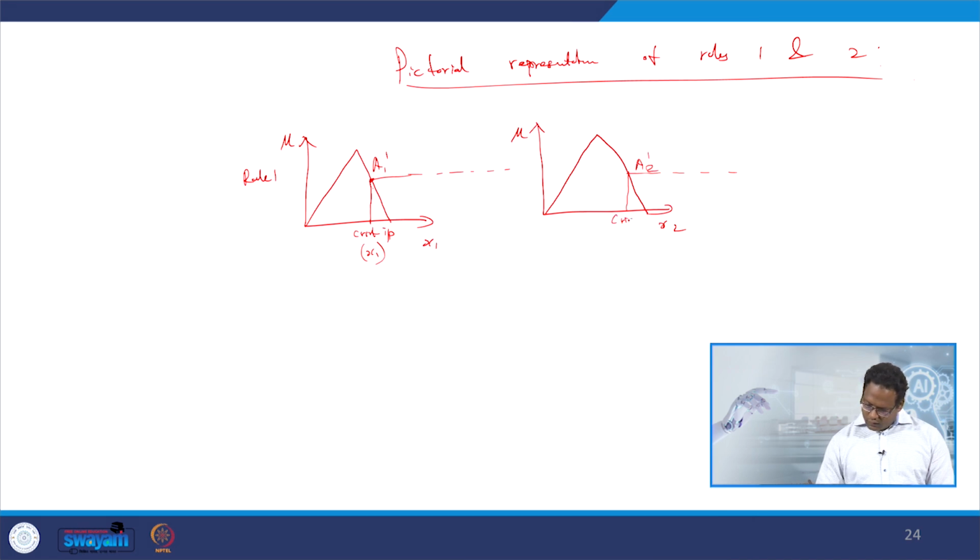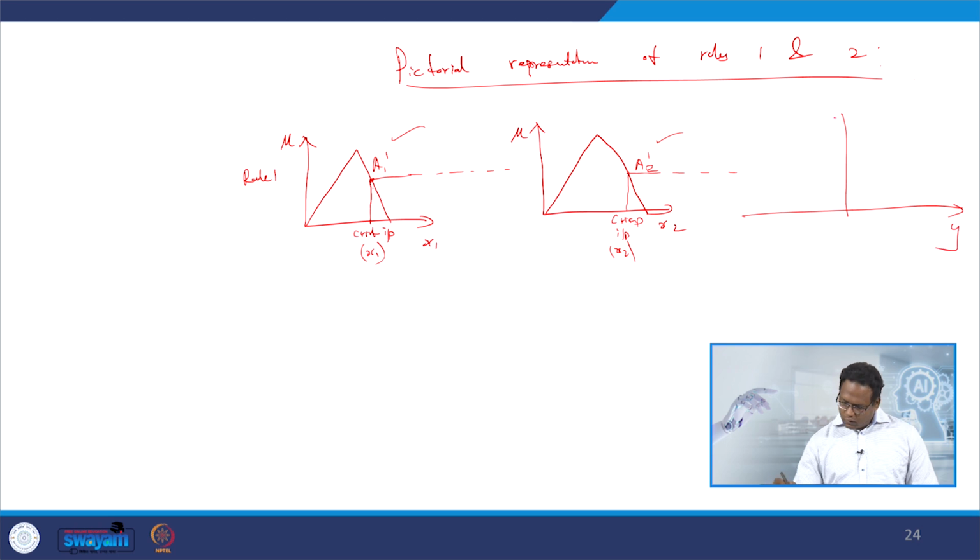This is the crisp input x2. For these corresponding crisp inputs, we get the membership function value as A11 and A21 for inputs x1 and x2 in rule 1 respectively. That leads to an output mu, which is a membership function.